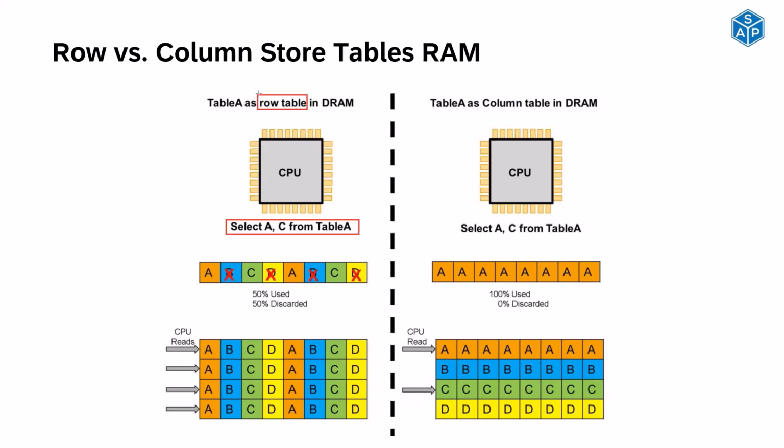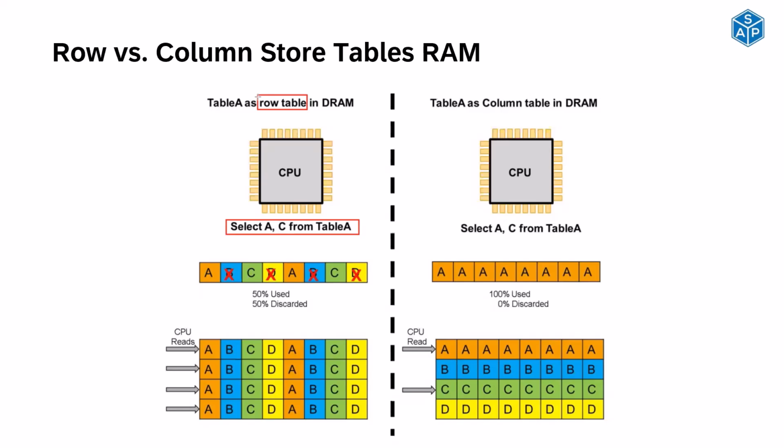But since it is a row table, it won't load only those two columns in the memory, because the architecture doesn't allow it. For example, in a table you have 50 columns, and out of these 50 columns you need only 3 or 4 for a calculation.